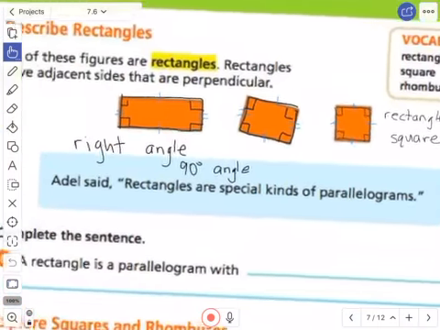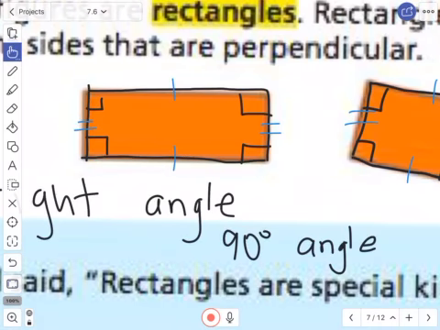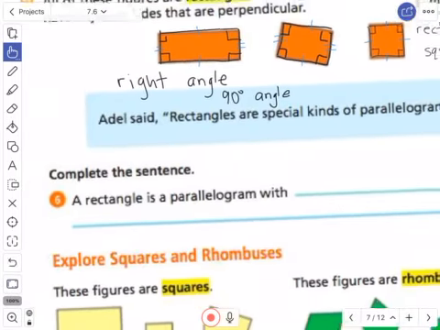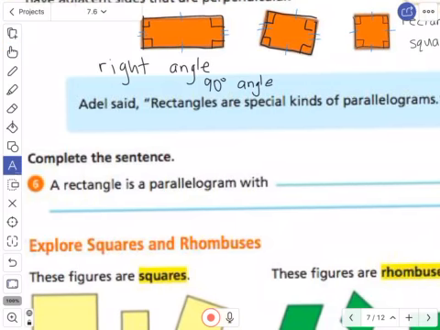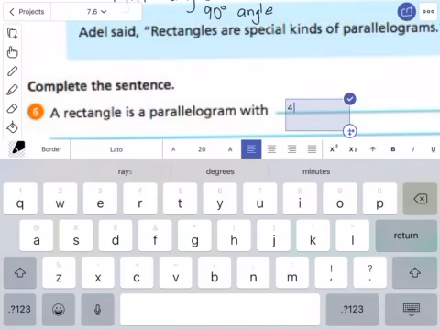And Adele said rectangles are special kinds of parallelograms. And that's true. This is a parallelogram because top and bottom are parallel, and the left and the right are parallel. So that's two pairs of parallel lines. So complete the sentence: a rectangle is a parallelogram with four right angles, is what I would say.